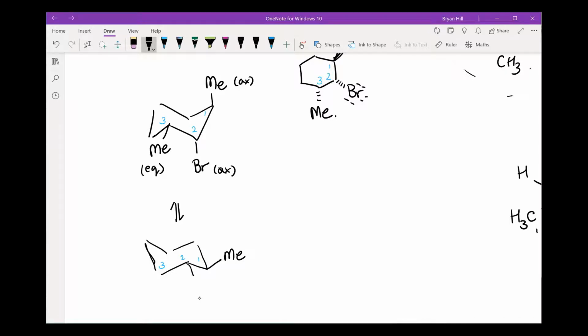Bromine is down, and methyl group down. B. So if we've got these two chairs, which of the two is more stable, A or B?